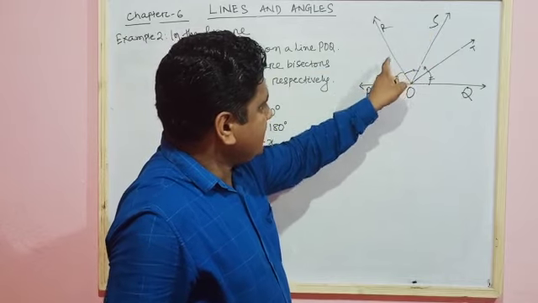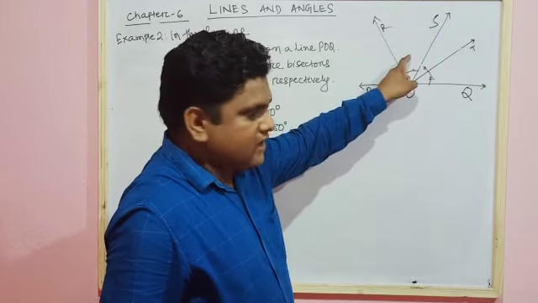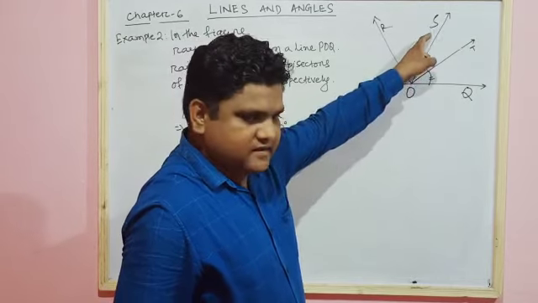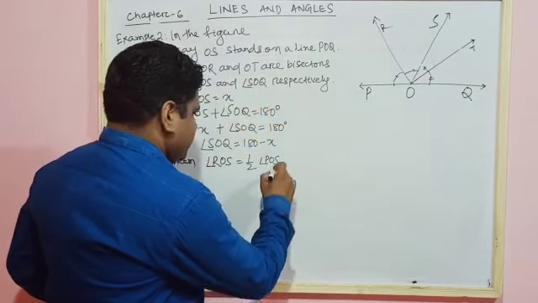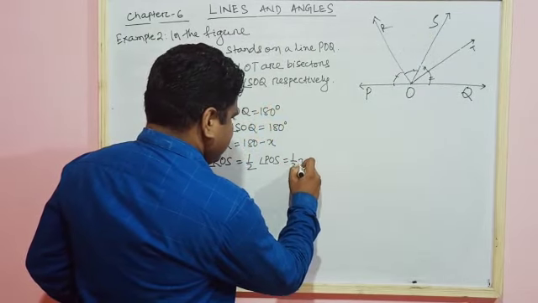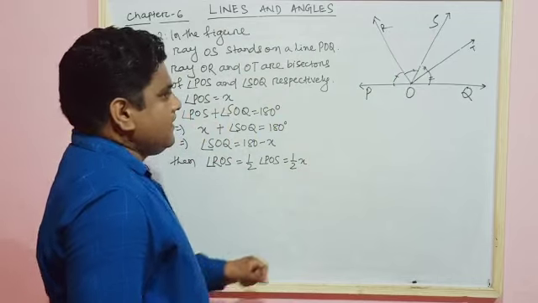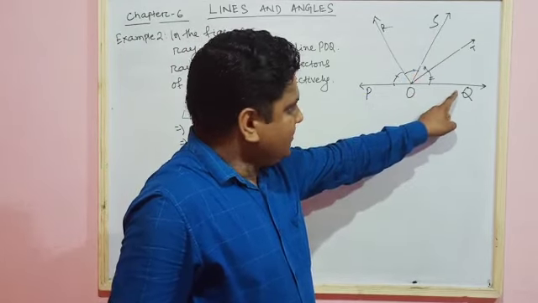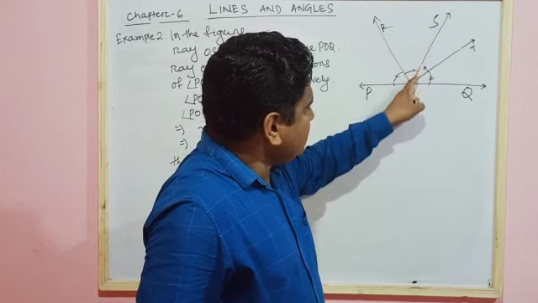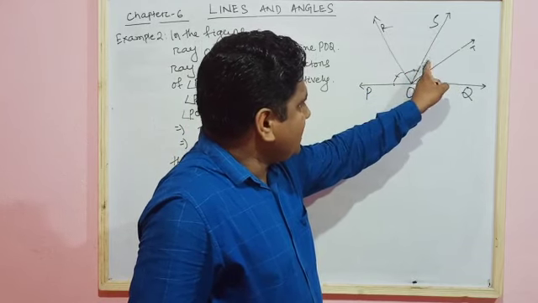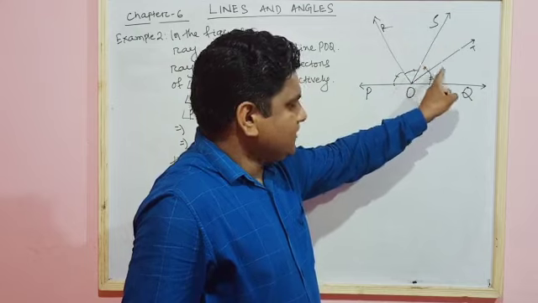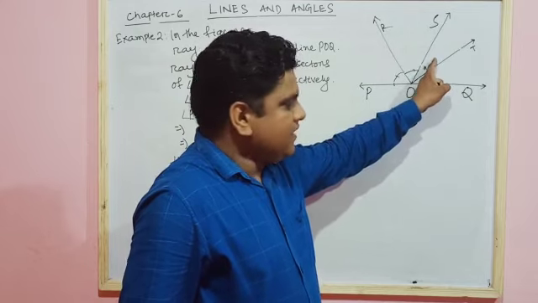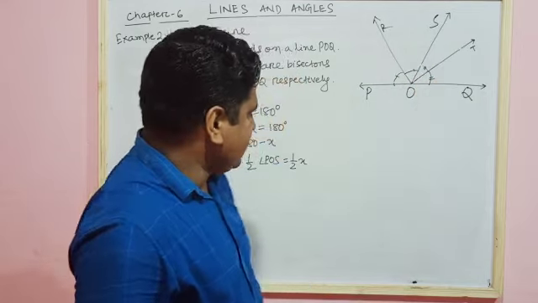So these two angles are equal and both are half of POS. Half of POS is half of x degrees. And OT bisects the angle SOQ. So the measure of angle SOT will be half of SOQ. Both angles are equal and both will be half of this angle.